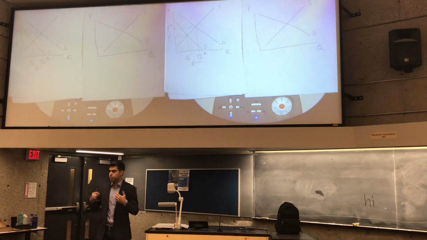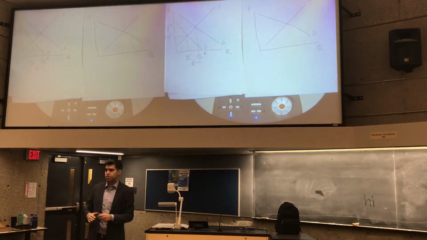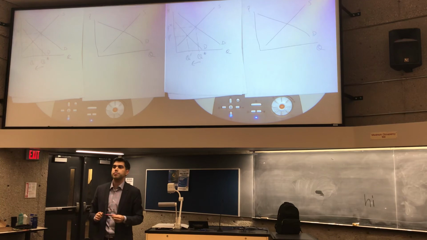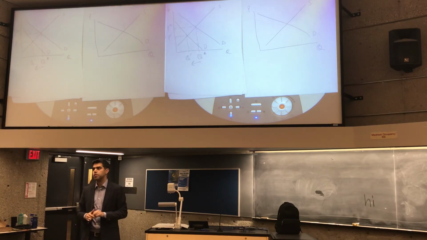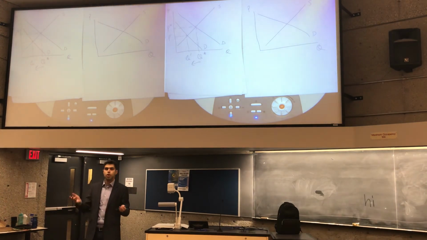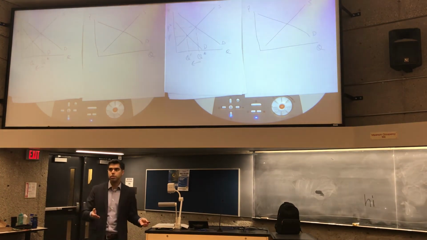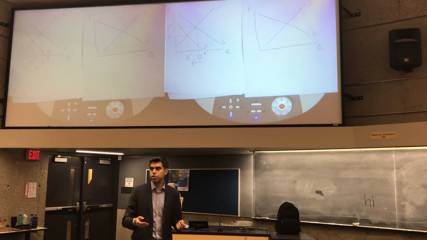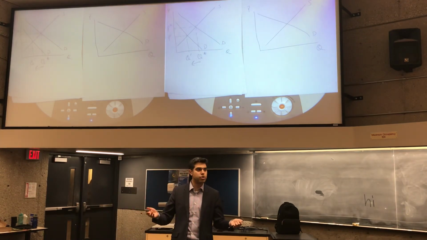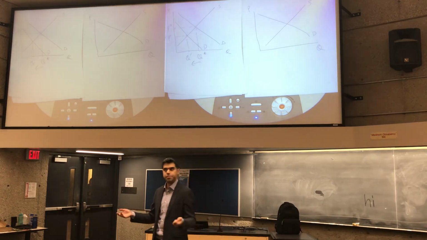By increasing OSAP, how's the supply and demand graph going to change? Well, what is OSAP? OSAP is a loan to you in order for you to be able to pay the tuition, right?